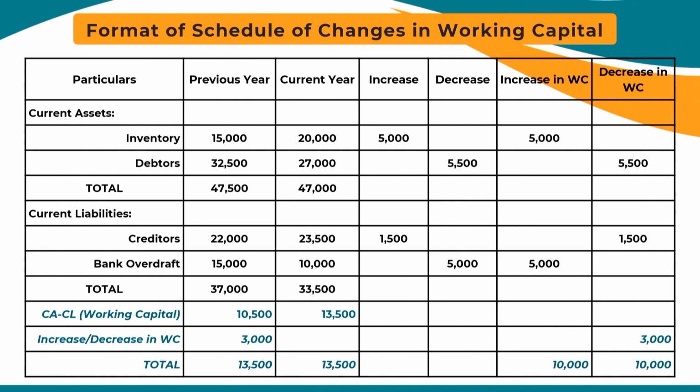Moving further, after having an elaborate discussion about different components of current assets and current liabilities, it is time to go for the calculation of working capital, which is simply the sum total of current assets minus the sum total of current liabilities.